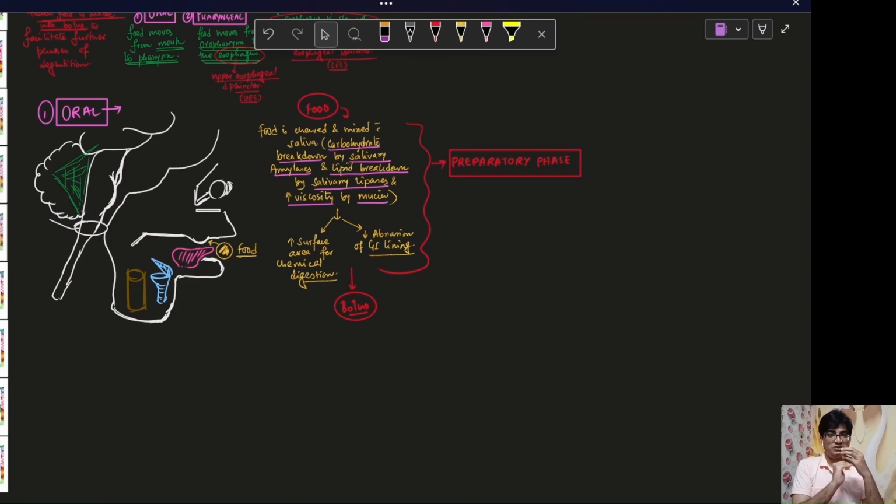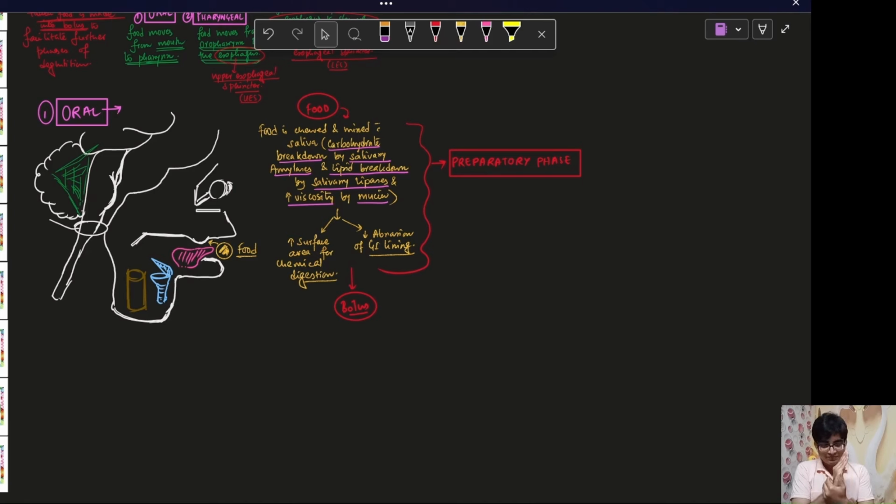Now the intrinsic and extrinsic muscles of the tongue get stimulated. The intrinsic muscles cause a furrow within the tongue to hold the food particle properly, and then the tongue moves up with the help of the extrinsic muscles, and that causes the bolus to get down into the oropharynx.